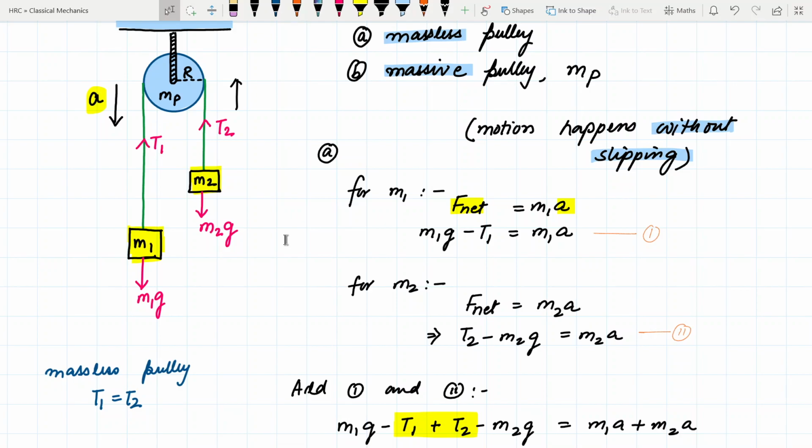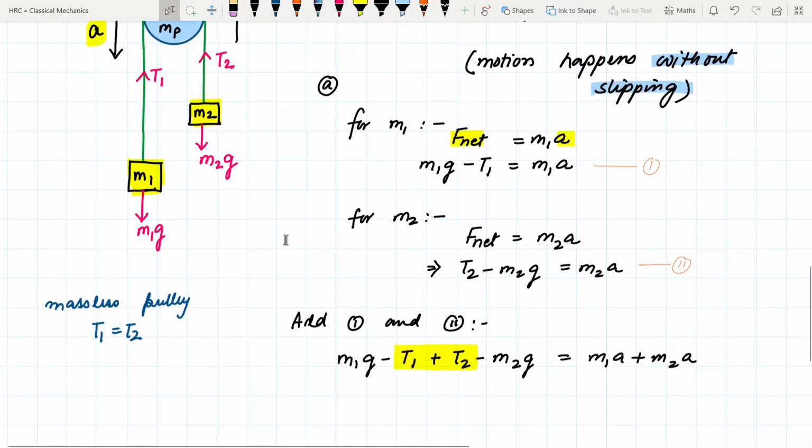The inertia of the massless pulley is not contributing because it is a massless pulley, so it will not come into the force equation. So in that kind of situation, T1 is equal to T2.